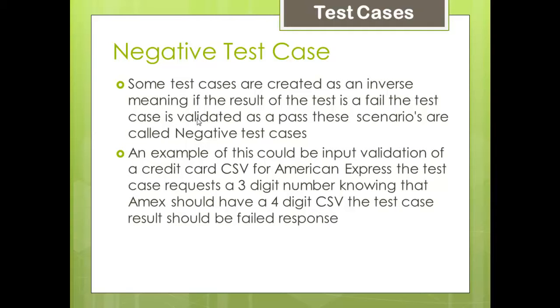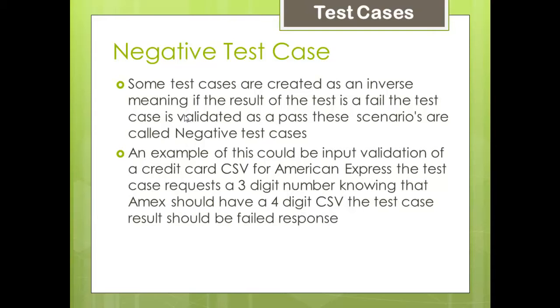An example, in most companies that don't normally run negative tests all the time, they probably use a negative test in scenarios where you want to validate, let's say for instance here, I'll give an example. American Express has a 4-digit CSV. That 4-digit CSV, you want to validate the input box to make sure that it doesn't accept things like a 3-digit number, or you want to validate that it doesn't accept any alpha characters, okay?